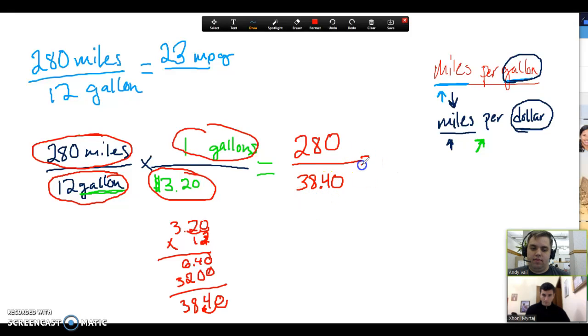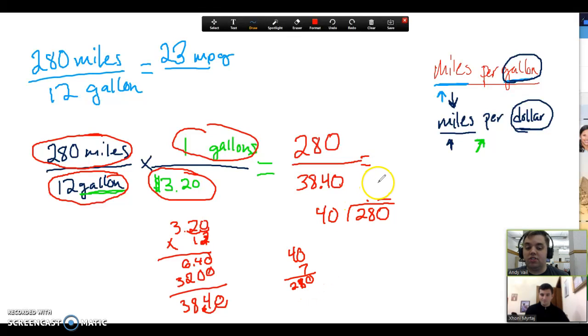And then here you're able to divide, and you can do rough division. If I bumped 38 up to 40, and I did 280 divided by 40, it's about 7, because 40 times 7 is 280.